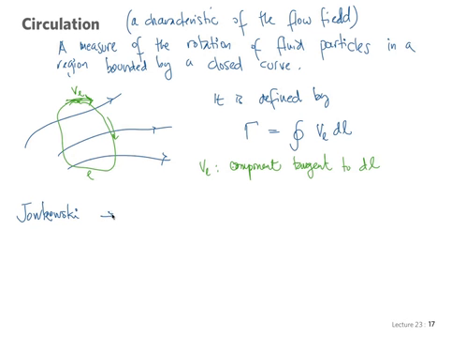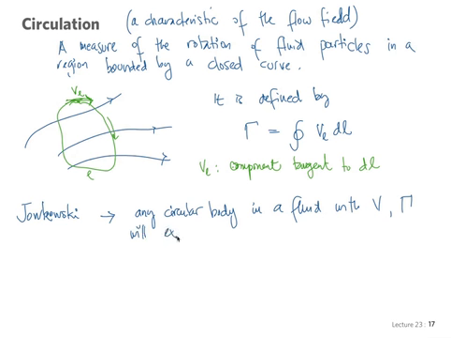He showed that a cylindrical body of any shape, any cross-section, moving at velocity v in a field with circulation gamma will experience a lift force L equal to rho v gamma.